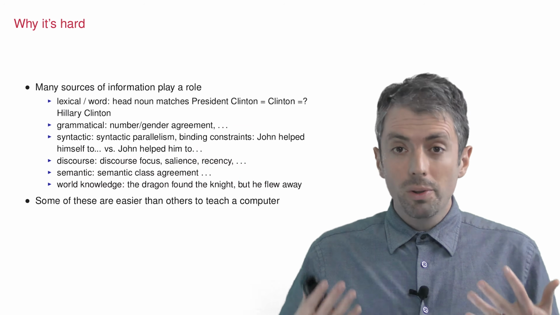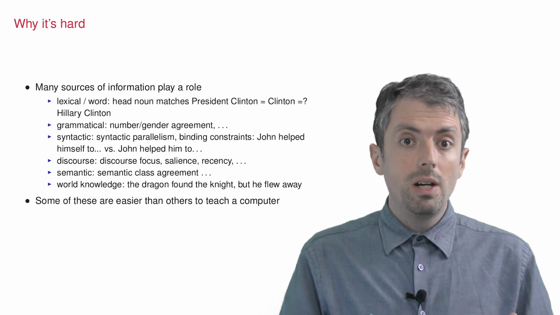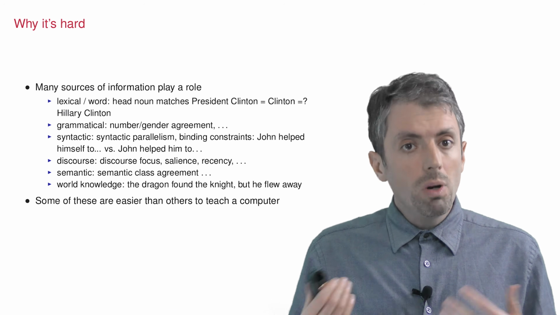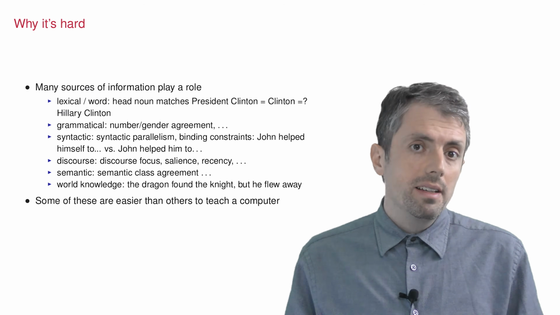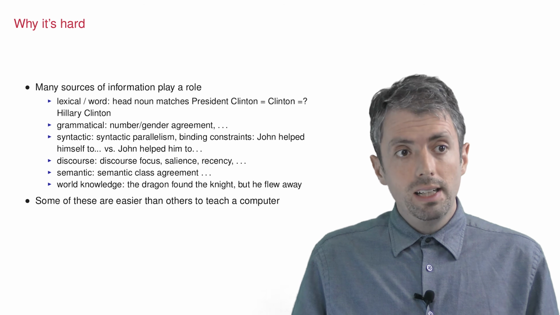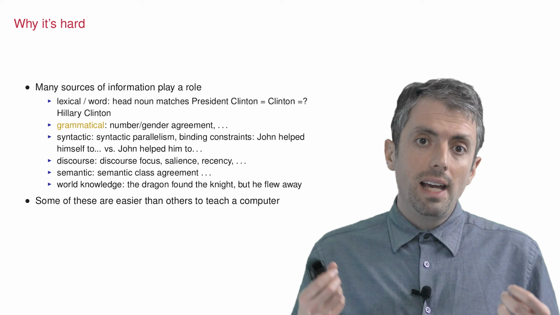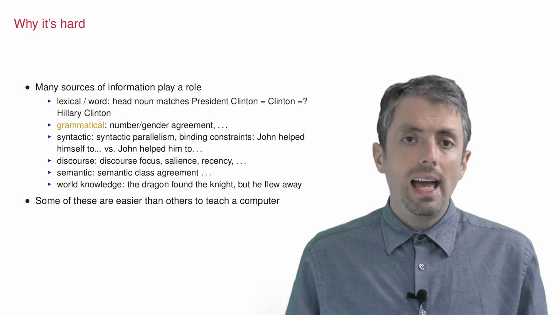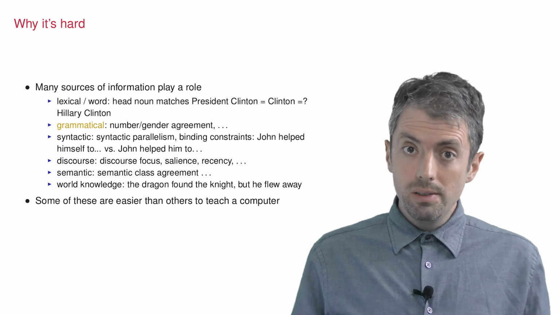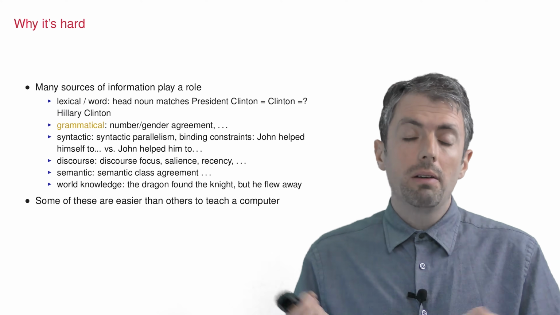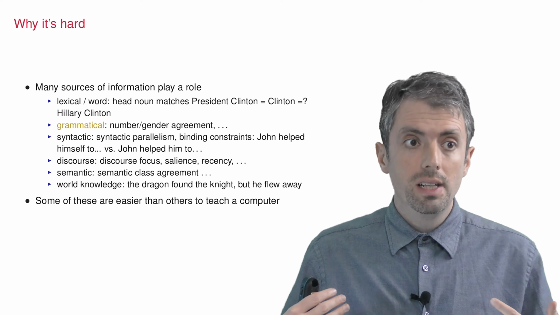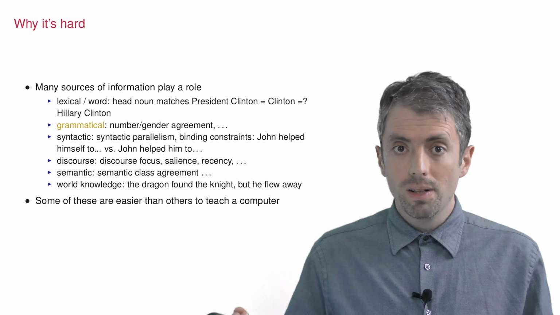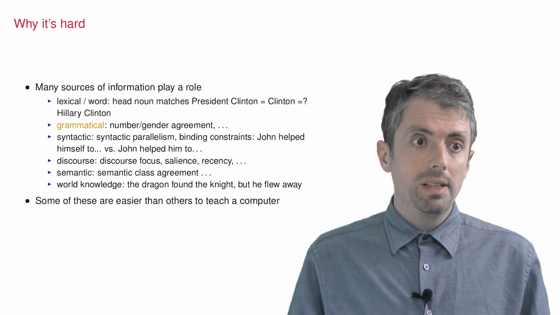There are many sources of information that help you solve whether two things are co-referent or not. I won't go through all of them. You can probably think of some of the things that make this difficult yourself. Many languages have gender and number associated with pronouns, and when there's ambiguity in what the pronoun refers to, you need to use the properties of the gender-number agreement for a particular language.